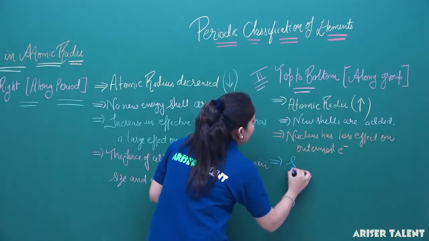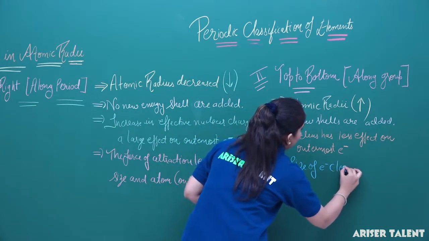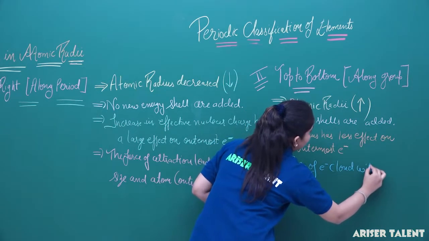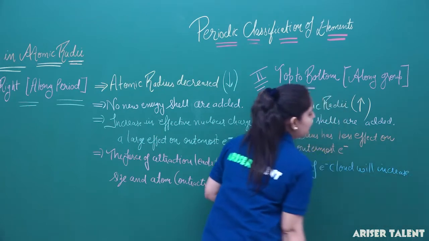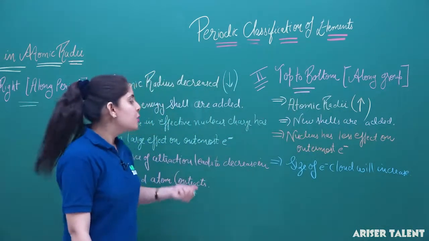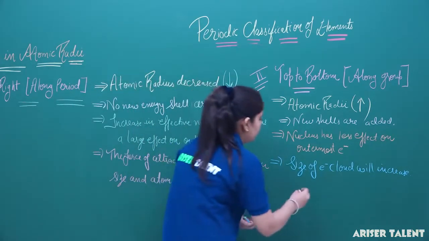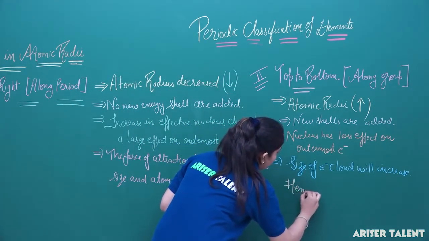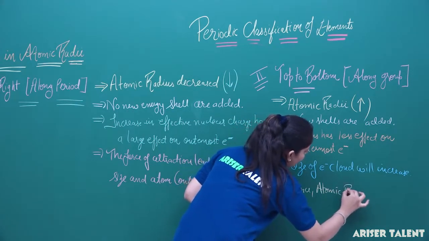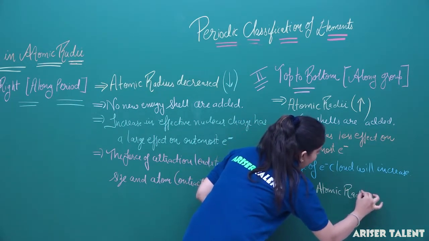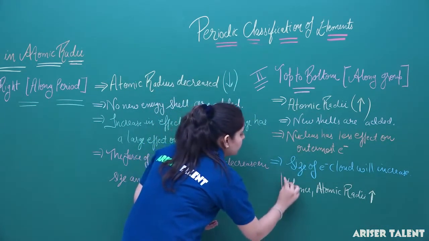The size of the electron cloud will increase because there is little effect of the nuclear charge on the outermost electron. So we can say that atomic radii increases. So hence, atomic radius increases in going from top to bottom.